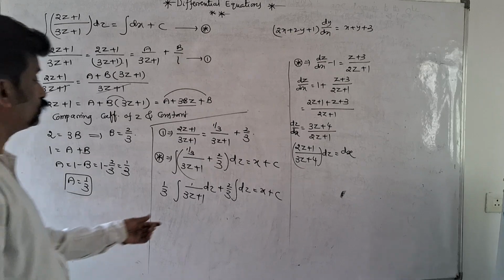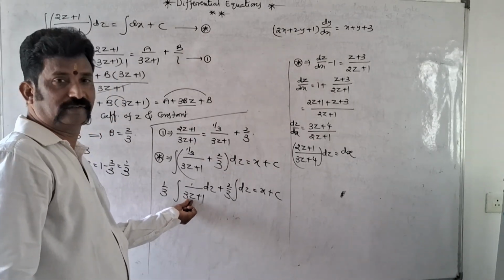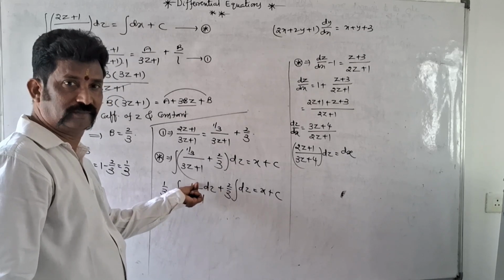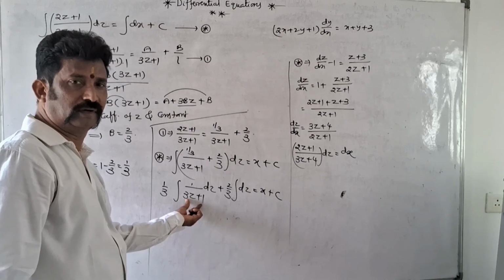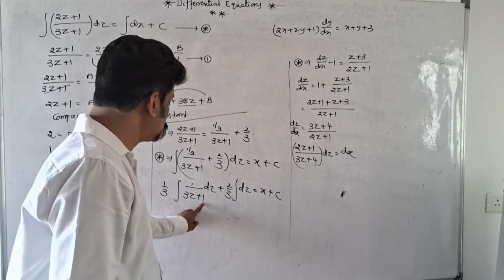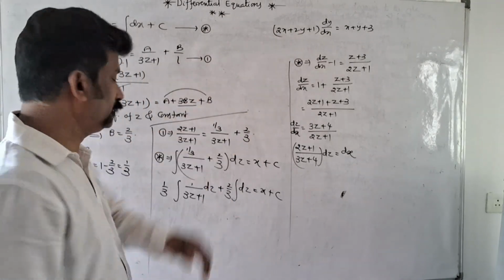Now how to simplify this type of integration? So derivative of 3z is equal to 3. Derivative of 3z + 1 is derivative of 3z, which is 3, and derivative of constant is 0. But 3 is not there in the numerator. That's why multiply and divide by 3.